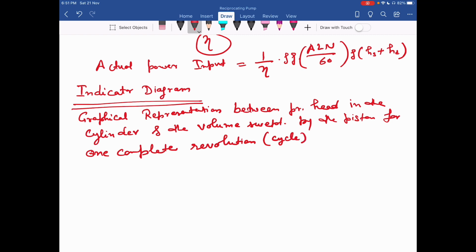Okay, so you can say the indicator diagram is the graphical representation between the pressure head in the cylinder and the volume swept by the piston for one complete revolution, or one complete cycle.